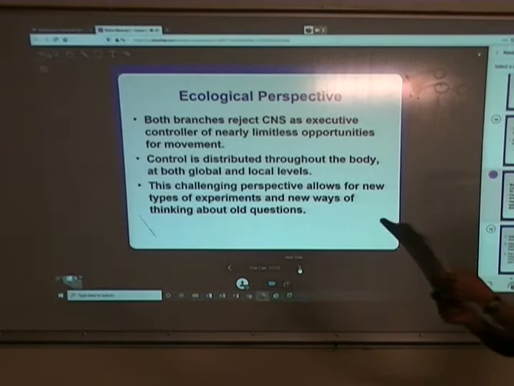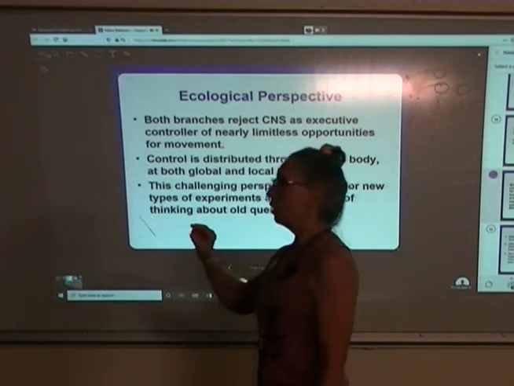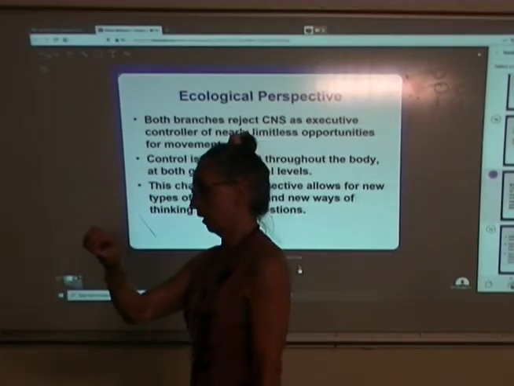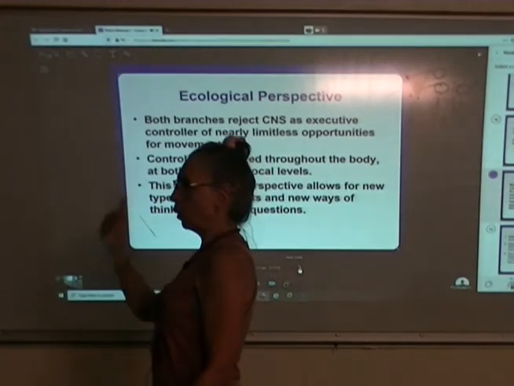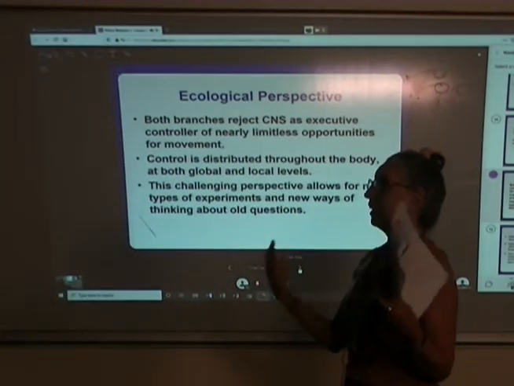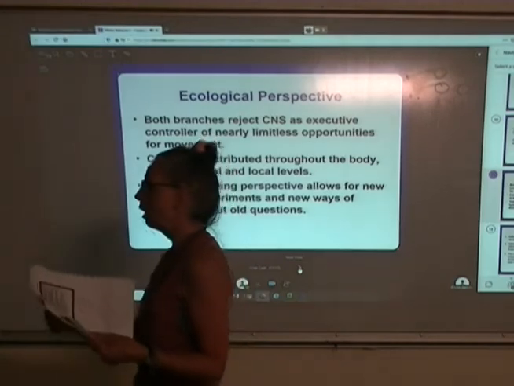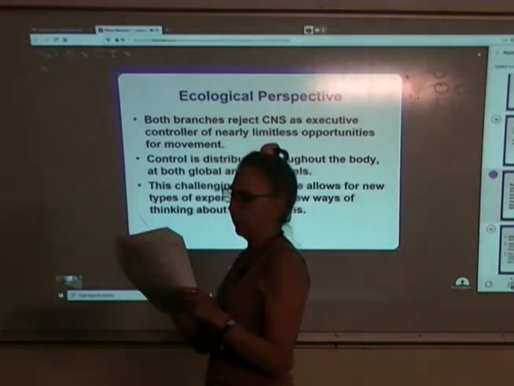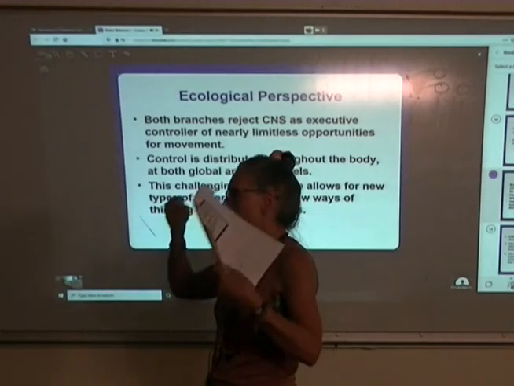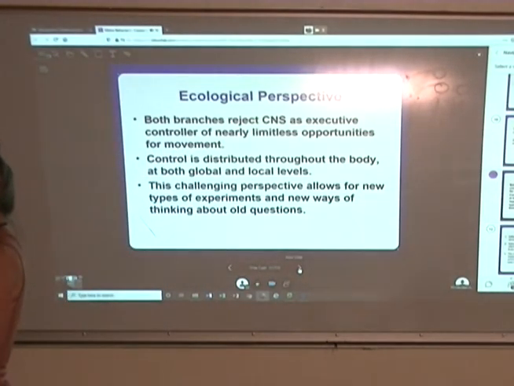Let me give you a sport example. So if I am based in information processing, all right, and I look at someone catching a ball, then my ideas about how that person catches a ball are based on the fact that the brain does a lot of calculations given the stimulus information that it receives, and it puts the person into the right place to catch the ball.